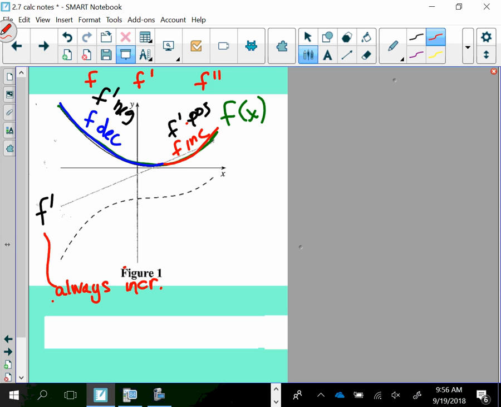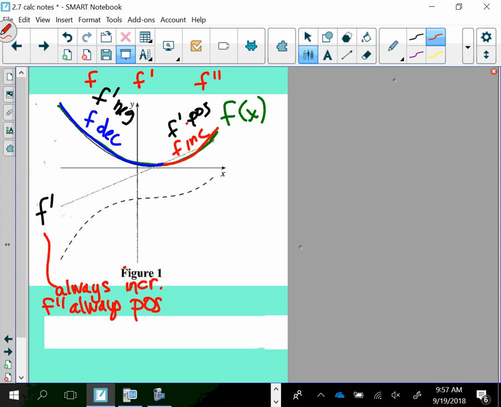That its F double prime should be always what? The relationship between F and F prime is the same as between F prime and F double prime. So it should be positive. Is this dashed thing all positive? Yes, no, maybe. That is positive.